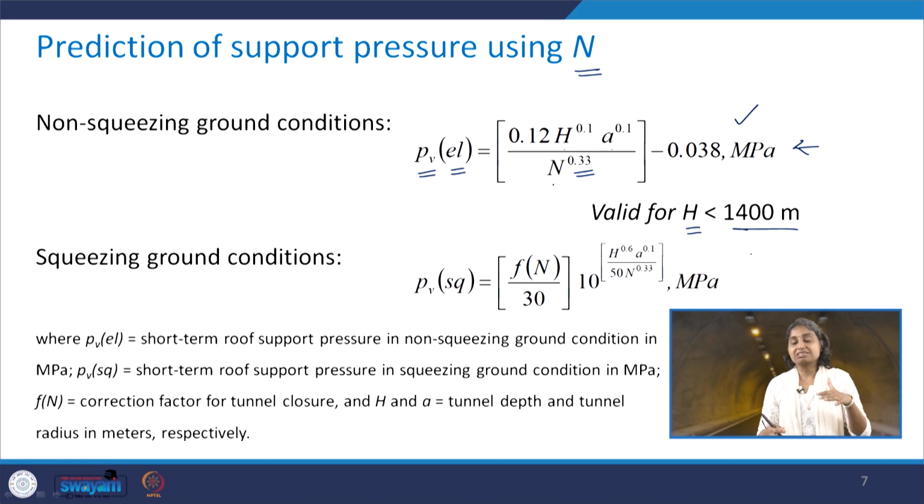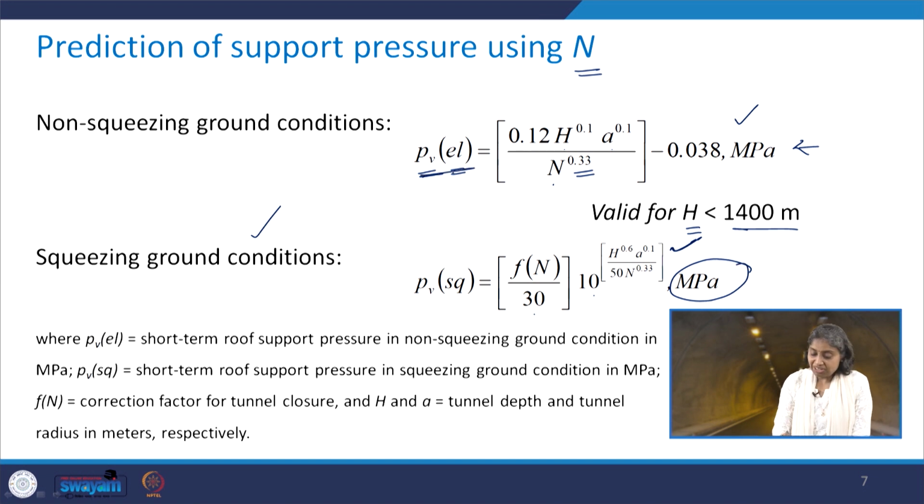H is the overburden depth. In case of the squeezing ground condition, the short term roof support pressure is given as a factor Fn divided by 30 into 10 to the power of this expression, which is H to the power 0.6 A to the power 0.1 divided by 50 into N to the power 0.33, and again take a note of the unit, megapascal.